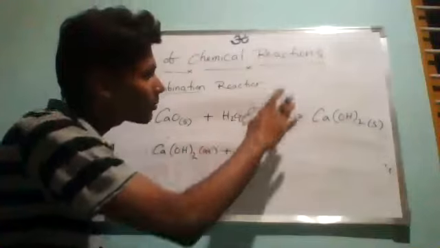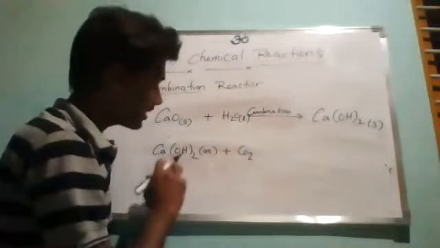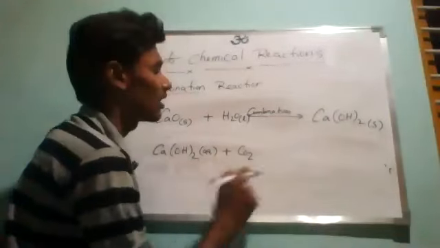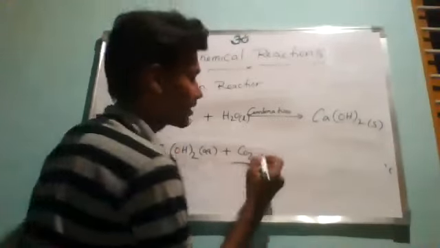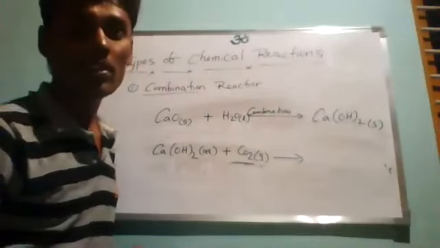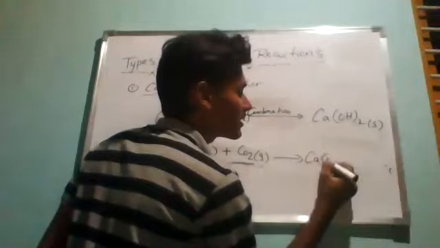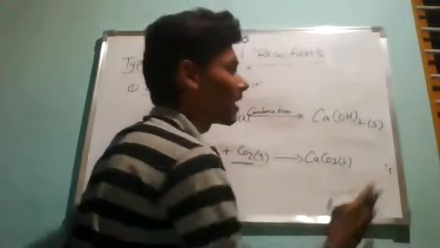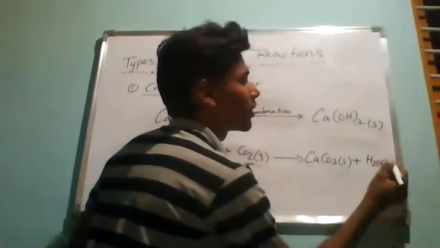Once applied with the brush, it will react with the carbon dioxide present in the atmosphere, in gaseous state, and form a stable compound called calcium carbonate, CaCO3. Also one more product it will form is again water.